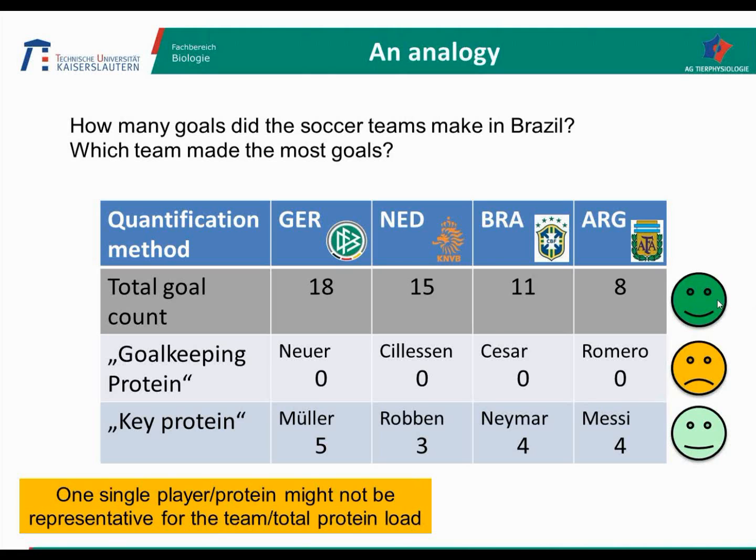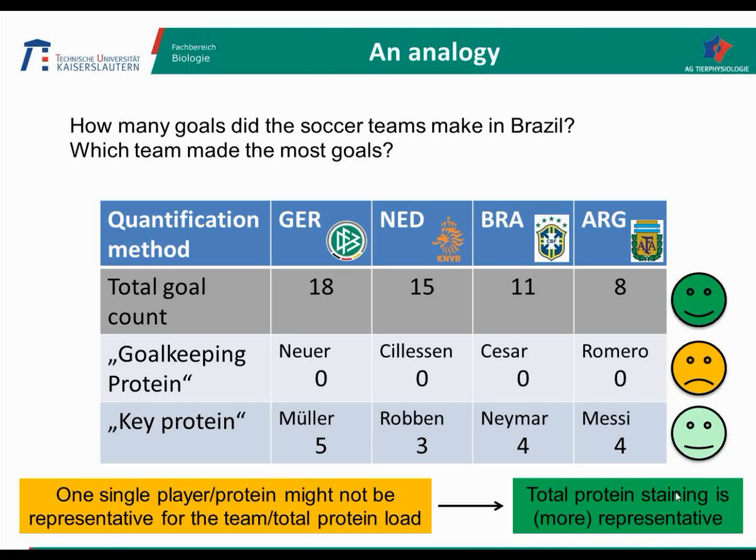So the best would really be to count the goals, or in the language of protein science, to somehow stain the total protein. If you stain the total protein, this is then representative, or at least more representative.